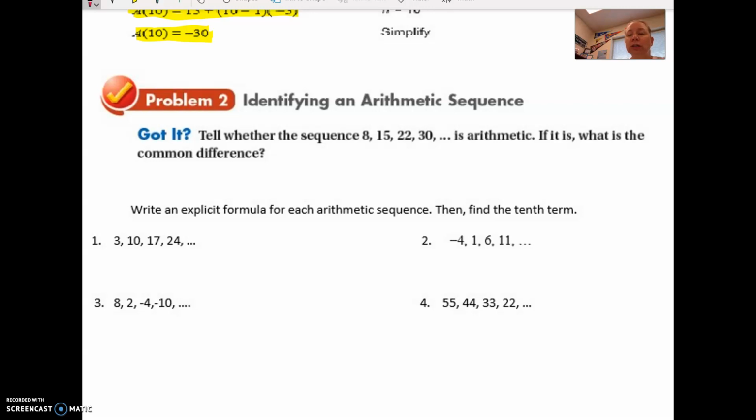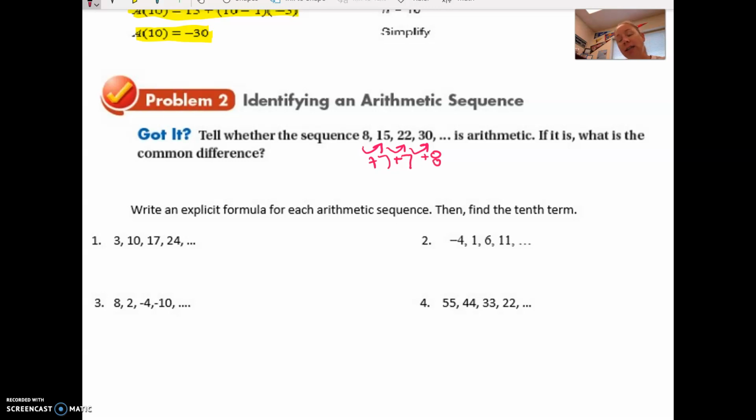So what we want to do is look for a pattern, and if it's arithmetic, it has to have a common difference. So they all have to be going up or down by the same amount each time. In this problem, the first two are going up by 7, but then 22 to 30 is actually going up by 8.